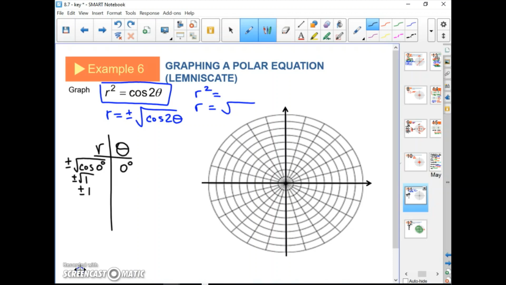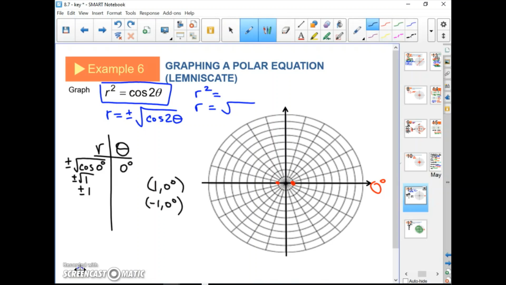And so if you go to 0 degrees, basically this represents 2 different points. You have 1, 0, and you have negative 1, 0. So 1, 0 is going to be right there, obviously, but negative 1, 0: go in the 0 direction, but go negative 1, or go the opposite direction. You've got this. Okay.